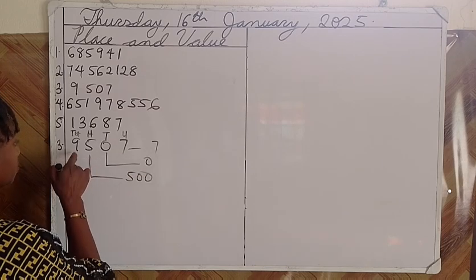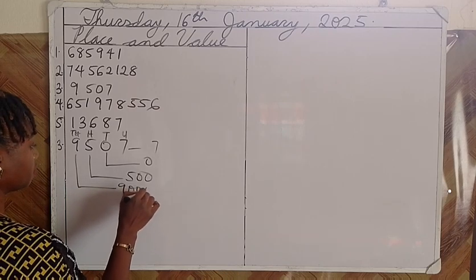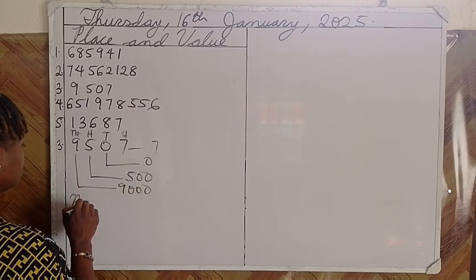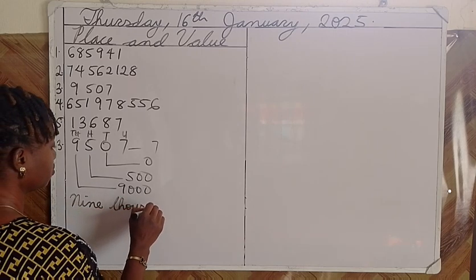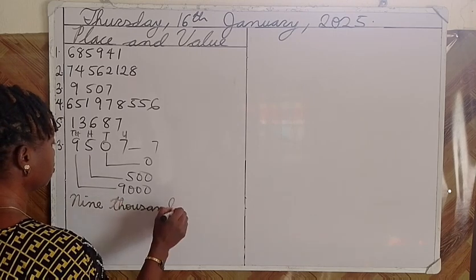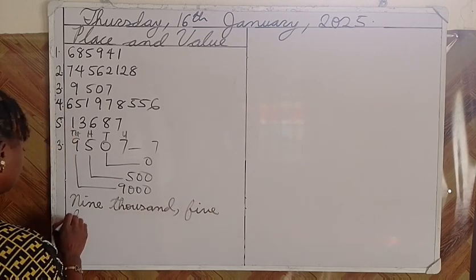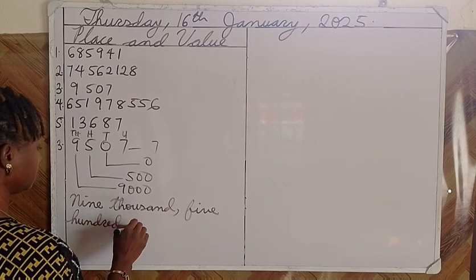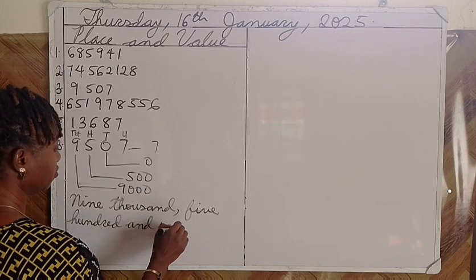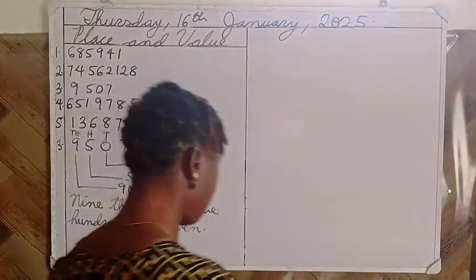The place of 9 is 1000, and the value is 9000. And this is 9,000, 500 and 7. That's all about question 3.